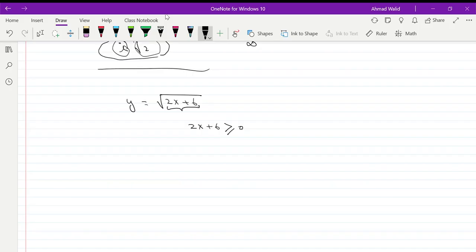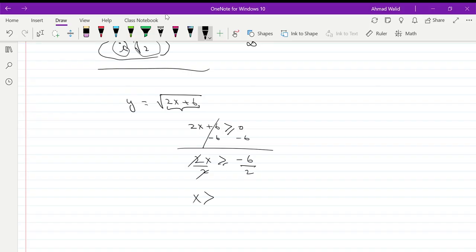Look, when you set this, solve it. We already discussed how to solve an inequality. Solve it. Subtract 6 from two sides. These two cancel out. 2x greater equal negative 6. Divide by 2. These two cancel out.